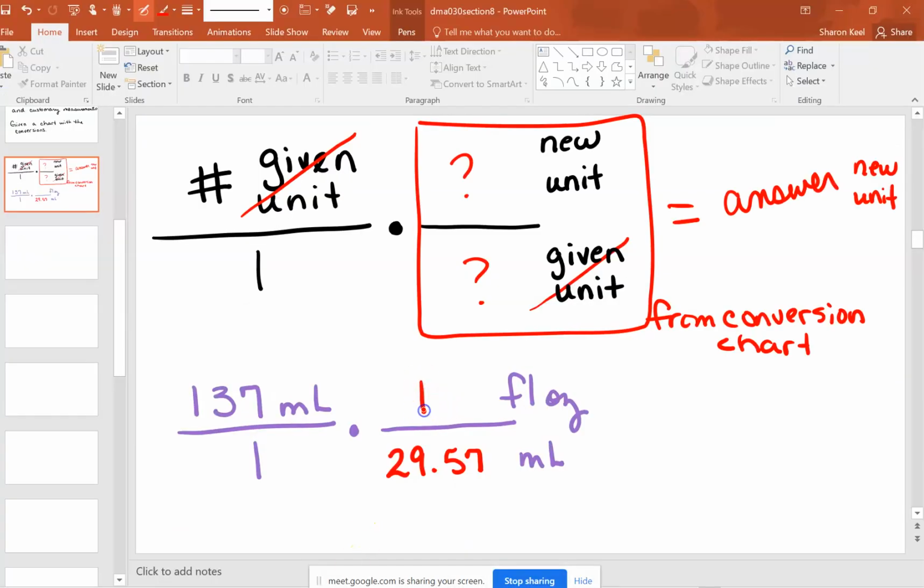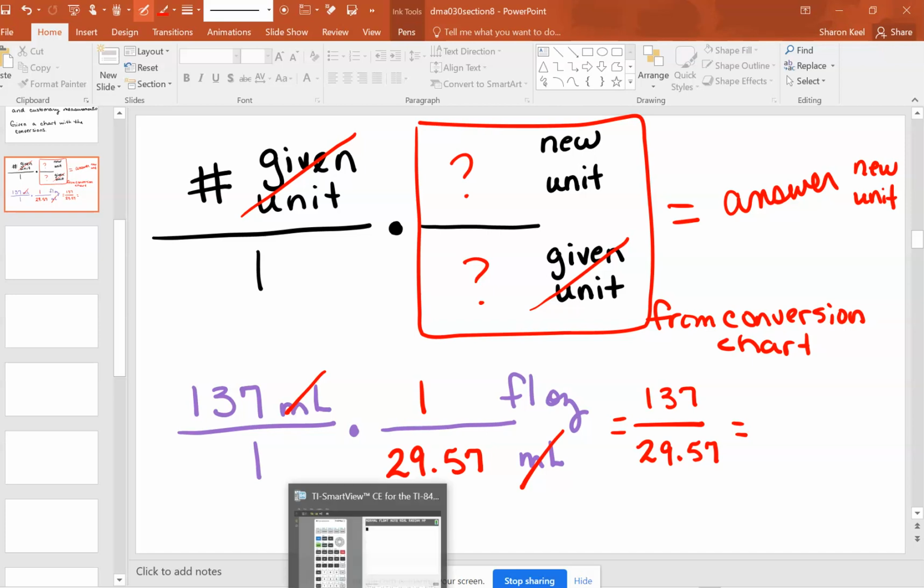So here I'm going to put the number 1. So the numbers that go here came from the chart. The milliliters cancels out. So 137 times 1 is 137. 1 times 29.57 is 29.57. Now what I need to do is I'm going to have to divide those numbers to simplify.